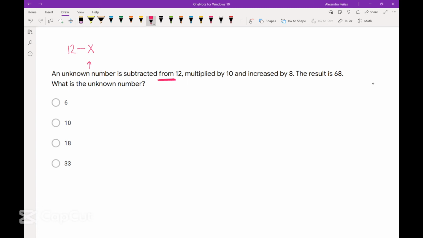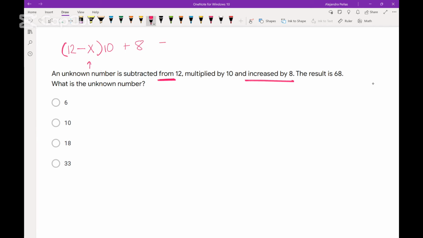Okay, and then that is going to be multiplied by 10, and then it's going to be increased by 8. Does everyone see how I got this expression? Yeah. Okay.